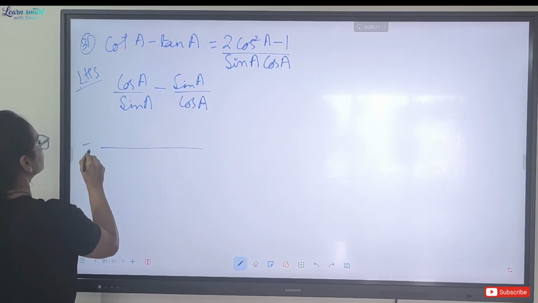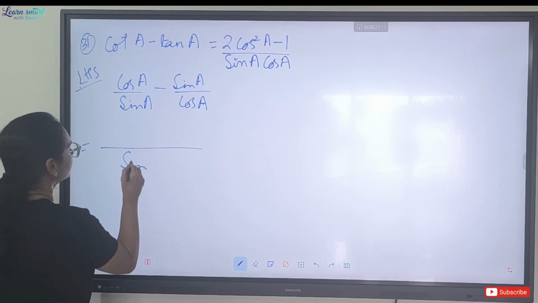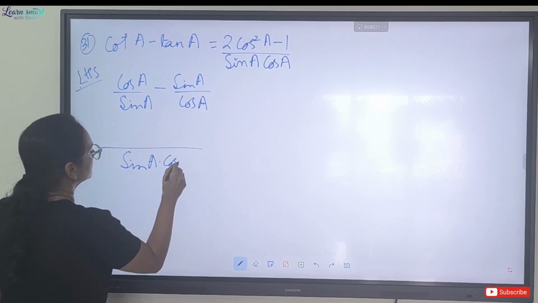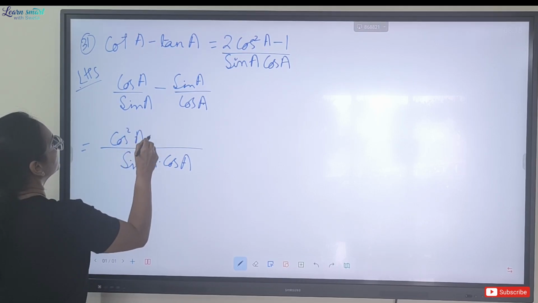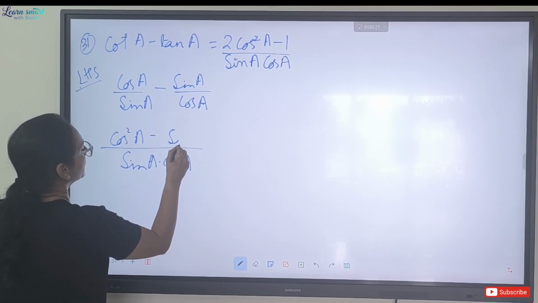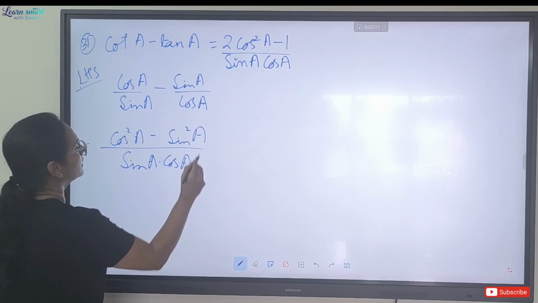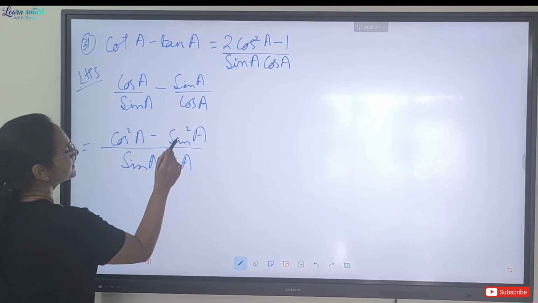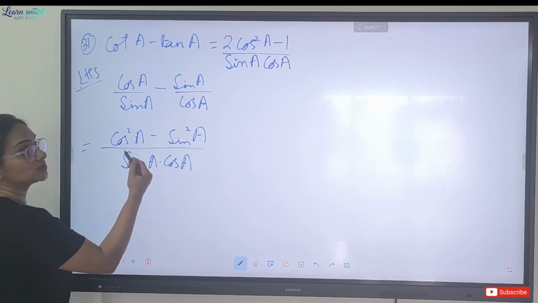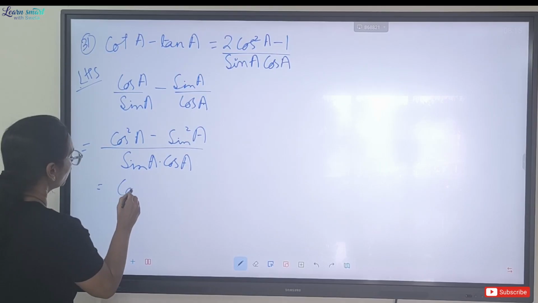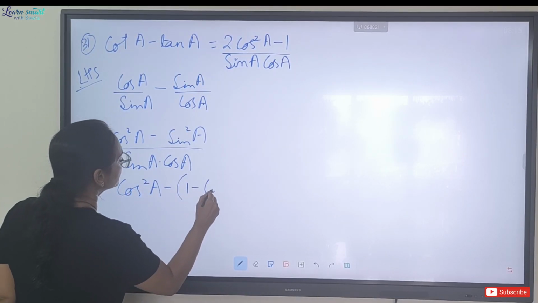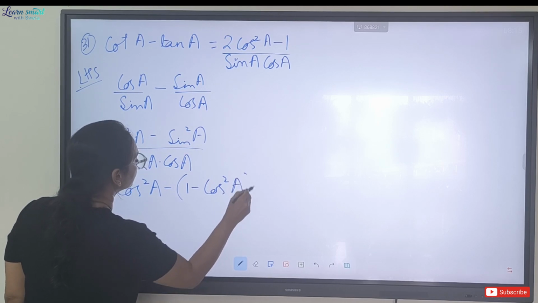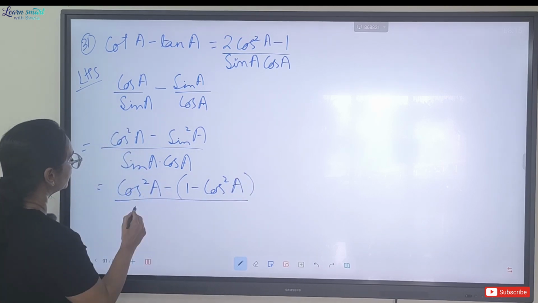So we will get sin A into cos A, and here we can write cos square A minus sin square A. Next, let's write this sin square A as 1 minus cos square A. So we will write cos square A minus 1 minus cos square A upon sin A into cos A.